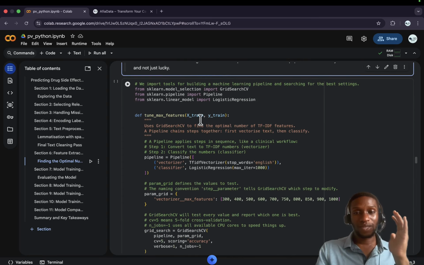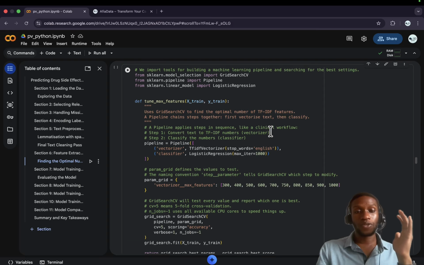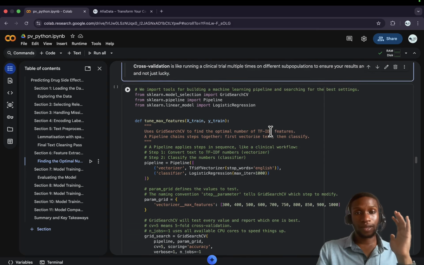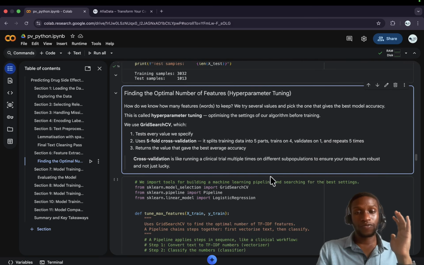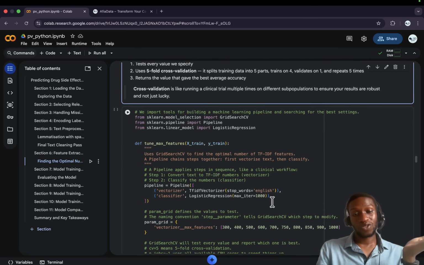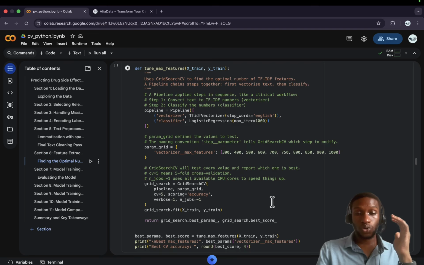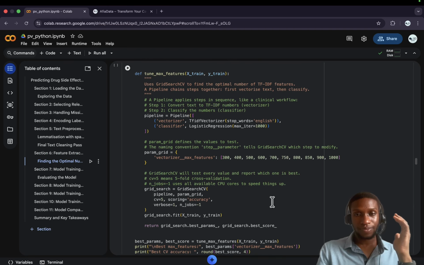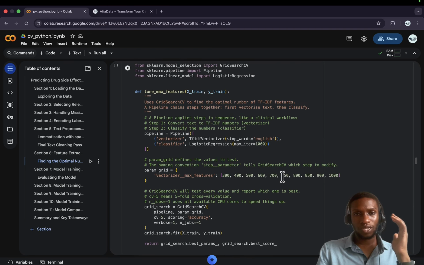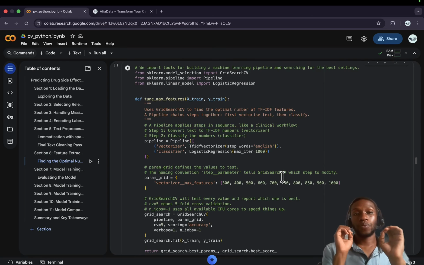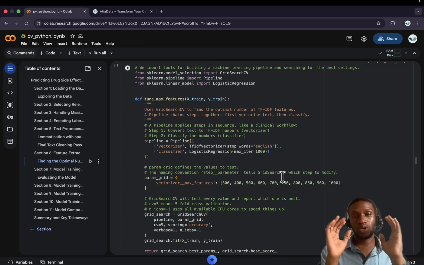So here is where the important step of optimizing our number of features, or hyperparameter tuning in short, happens. This bit here is one of the important places where you need to understand machine learning.